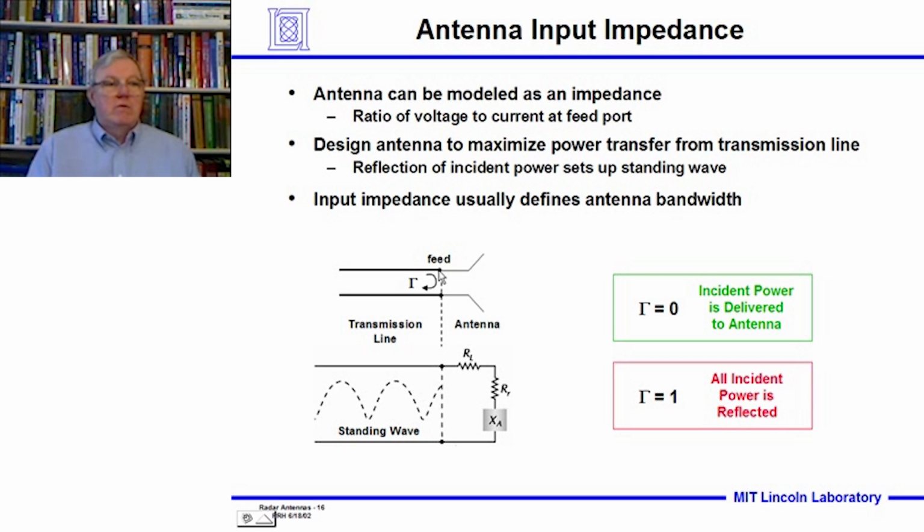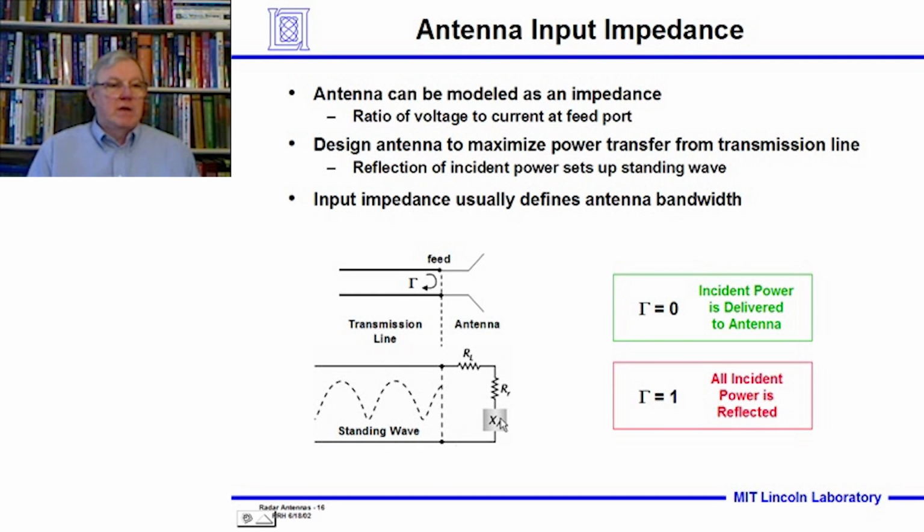And when we go from the feed to the antenna, there's a discontinuity there, and that discontinuity gives rise to a reflection. This gamma, a capital Greek letter gamma, is a reflection coefficient. If that gamma is 0, then the incident power is perfectly delivered to the antenna. If it's 1, all of the incident radiation is reflected.